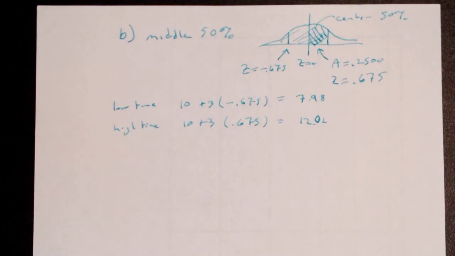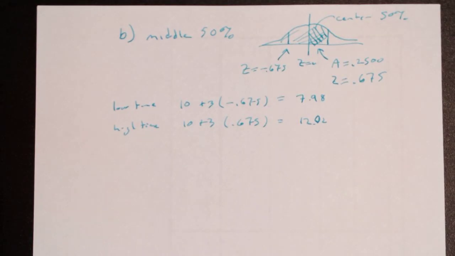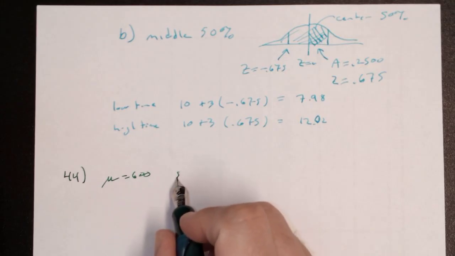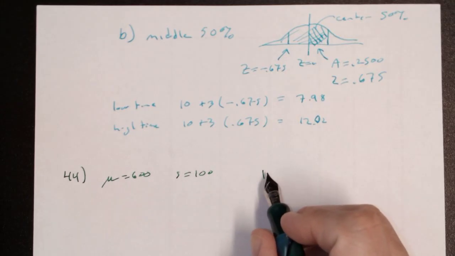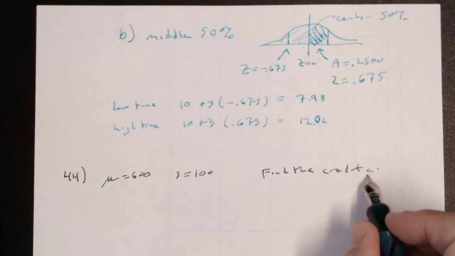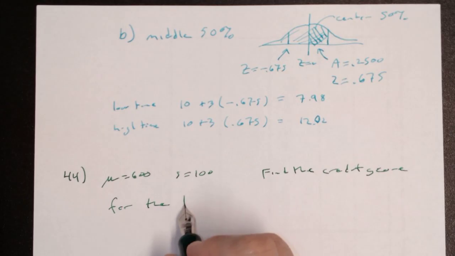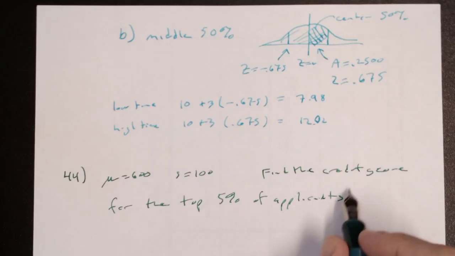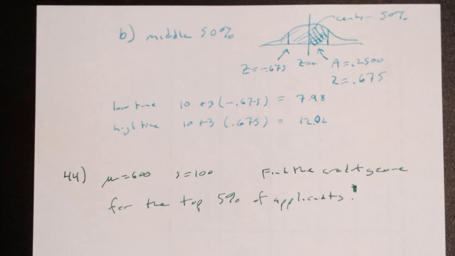What's the upper 5%? Higher credit scores are better.